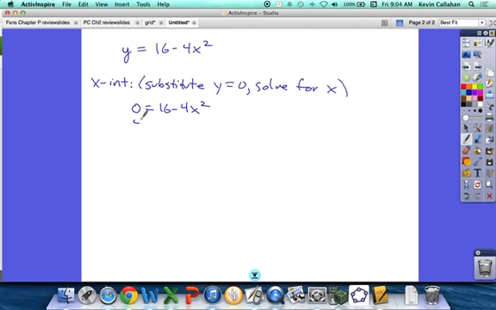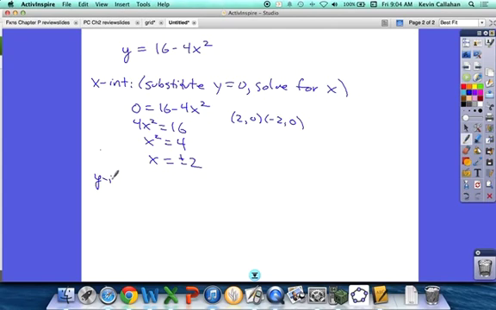Add 4x squared to the other side. Divide by 4. Take the square root of both sides. What does x equal? Plus or minus 2, right? Don't forget that, plus or minus. So the intercepts are 2, 0, negative 2, 0.